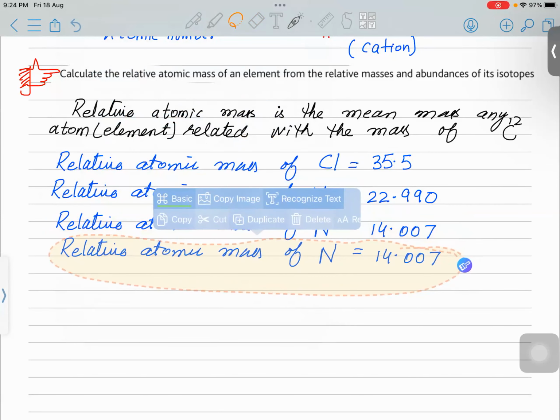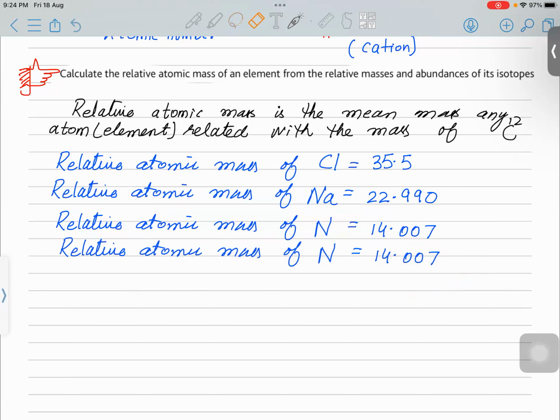Here it says 12.011 u. This is the correct mass, right? Okay. This is the correct mass of carbon.